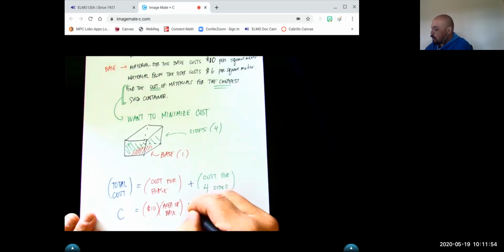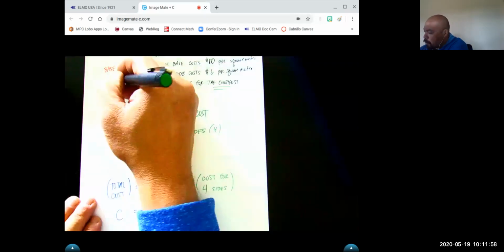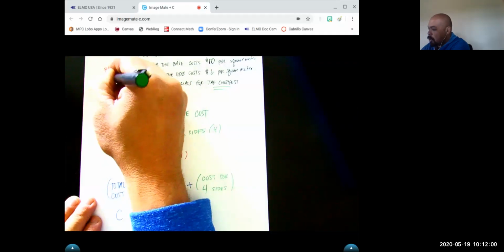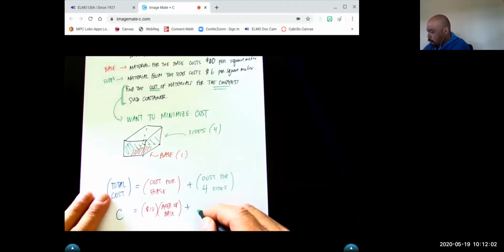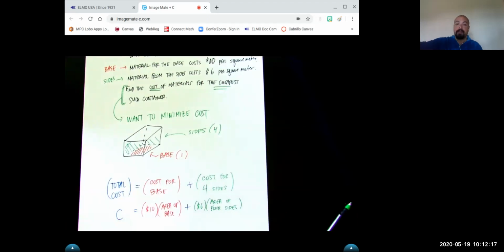And then for the cost of the sides, I know a lot of green here showing up, right? We're going to get here this $6 times, and we have to think about this one a little bit more, right? Our area of our 4 sides. I swap between the number and the written word, but there we are, right?